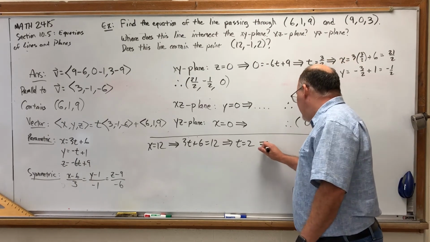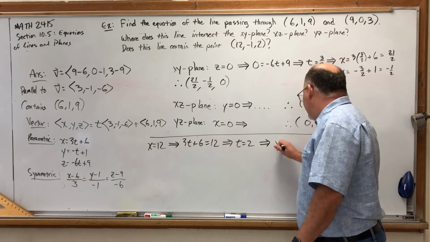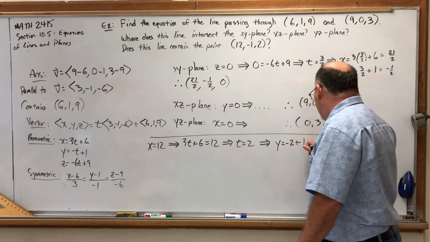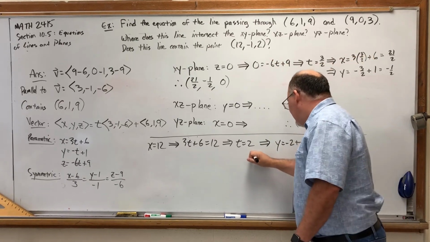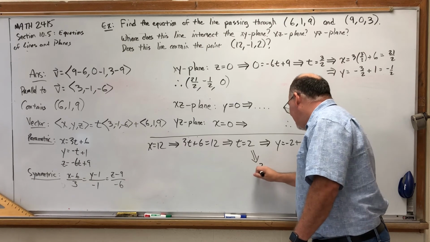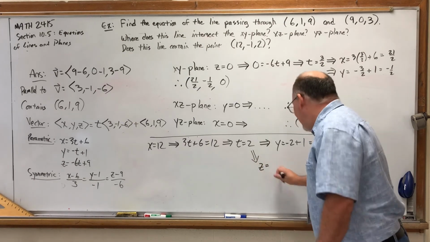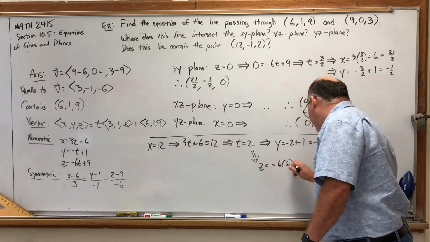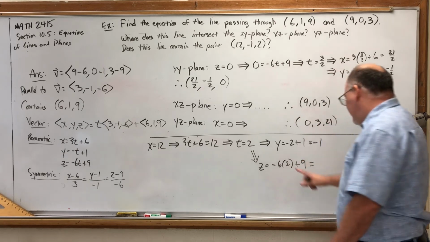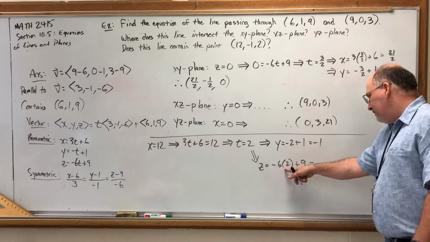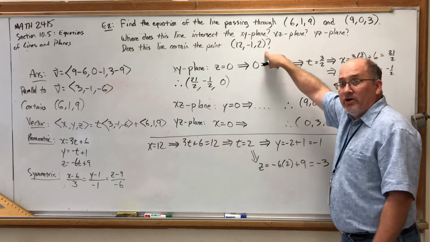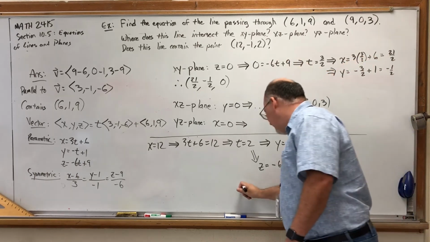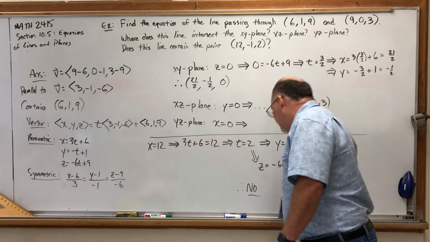T equals 2 implies that y is equal to negative 2 plus 1, which is negative 1. That's the correct y coordinate. But this also implies that z is equal to negative 6 times 2 plus 9. But negative 6 times 2 is negative 12. Negative 12 plus 9 is negative 3, and that's the wrong z coordinate. So, therefore, the answer is no.